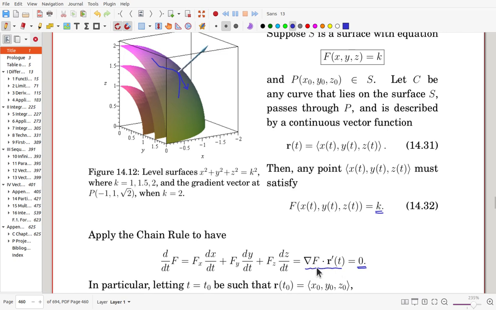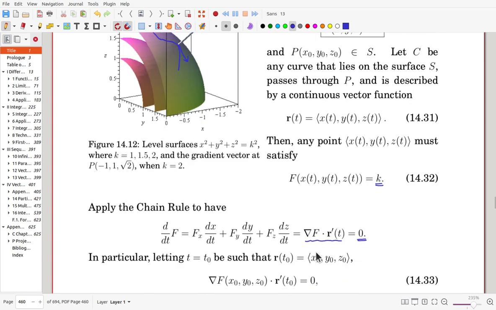That means gradient f is the normal direction. Without that, it cannot be true. This is one single curve, but for any arbitrary curve, this is always true, which means gradient f is a normal vector.